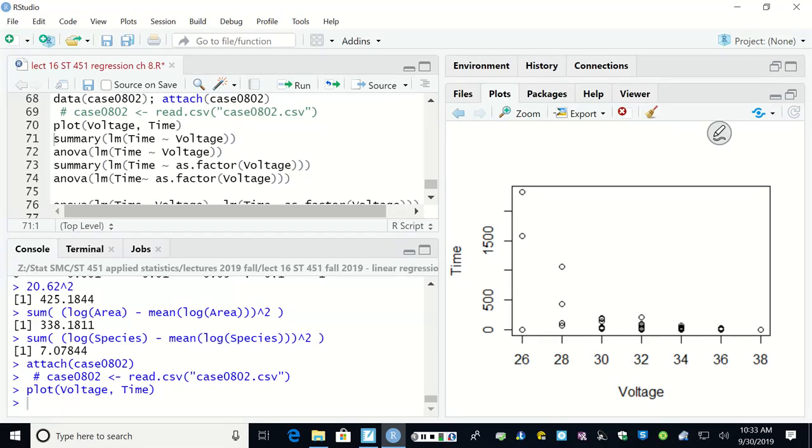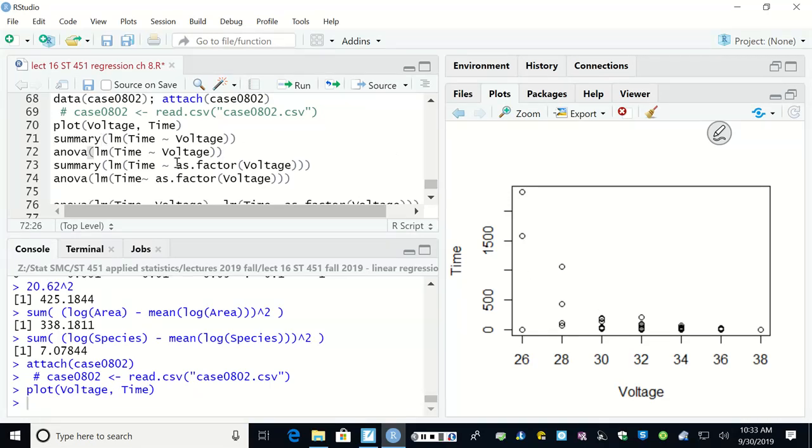This picture is kind of problematic, because there's very little variability down here, and then the variance gets very large. So non-constant variance is a very big issue for this one.